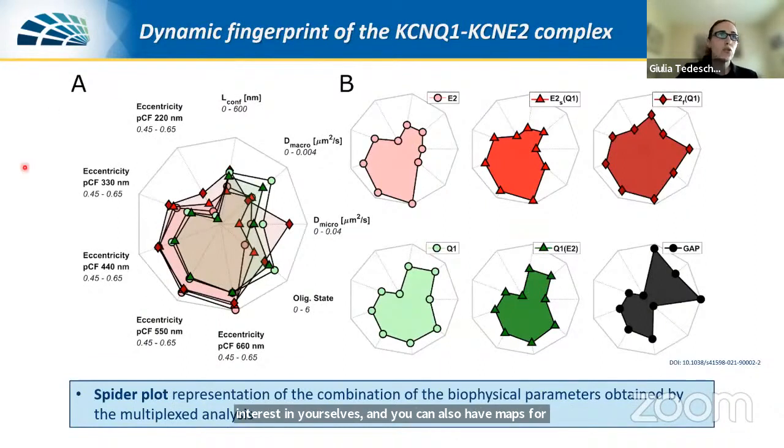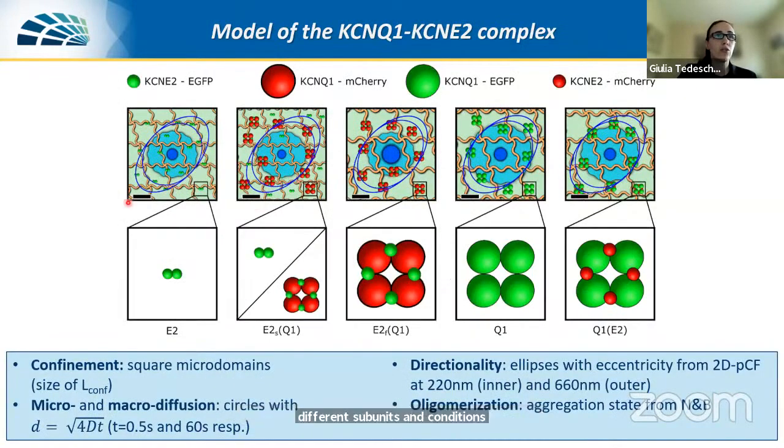To gather all this information together, we plotted spider plots to represent the different parameters that we can obtain with this multiplex analysis, to show the differences between the different subunits and conditions that we have. We also tried to make a schematic representation. Here, the size of these squares is related to the length of confinement that we can get from the MSD.